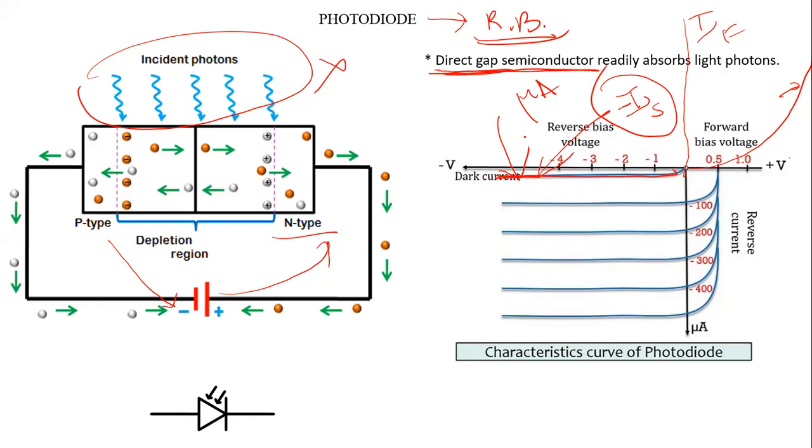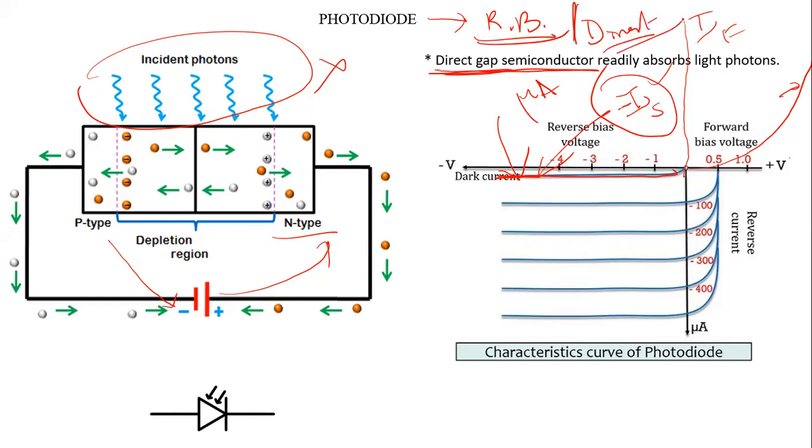The current will remain this few microampere current due to the reverse saturation current. But instead of a normal silicon based diode, suppose you have a diode made up of direct band gap semiconductors.